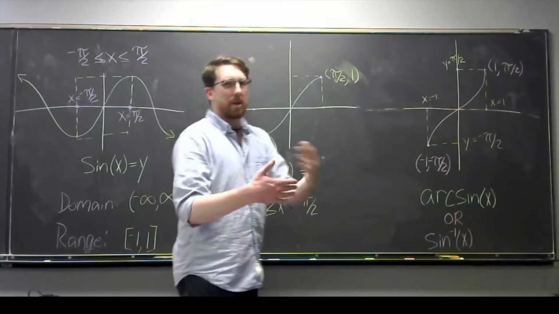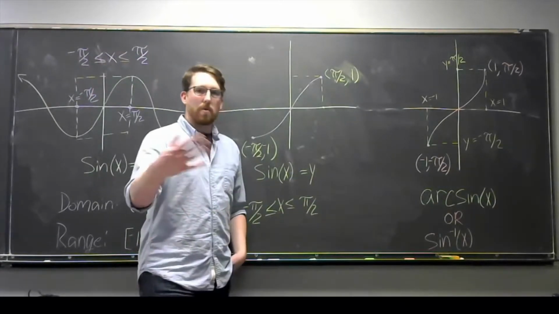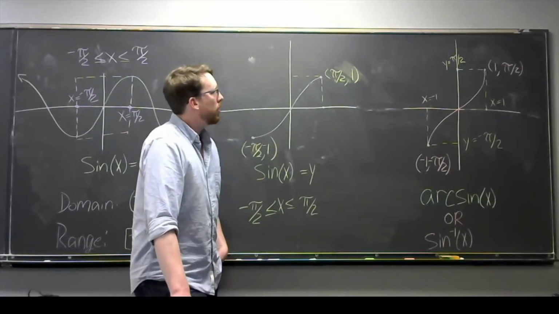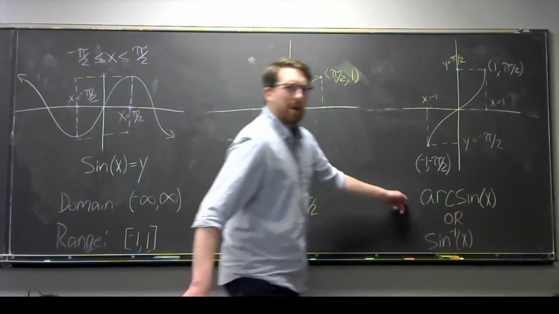And I'll show this in a little bit here. If I forget to show it in this lecture, remind me and I'll show it in another one. Okay, so let's talk a little bit about this arc sine.